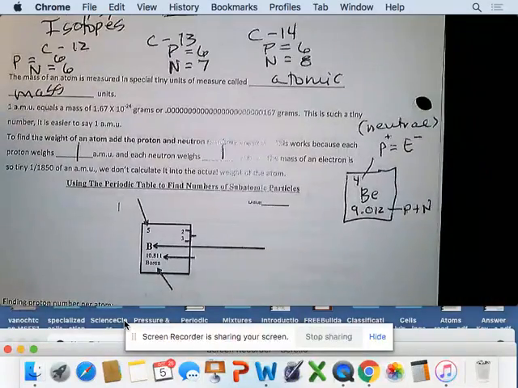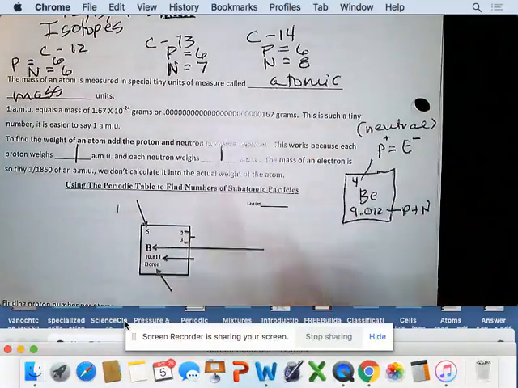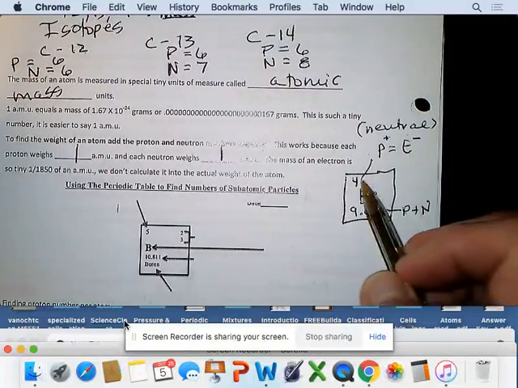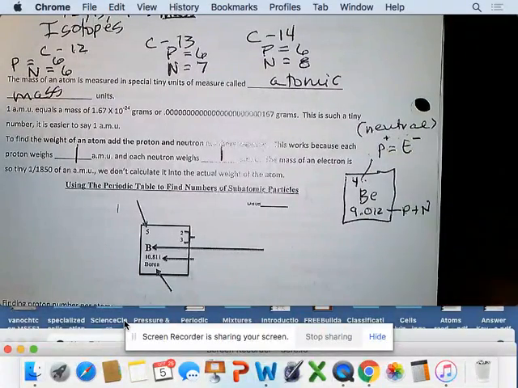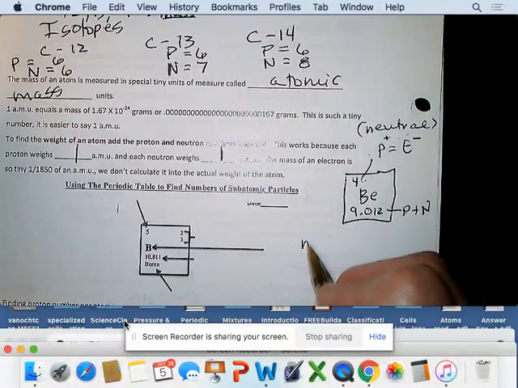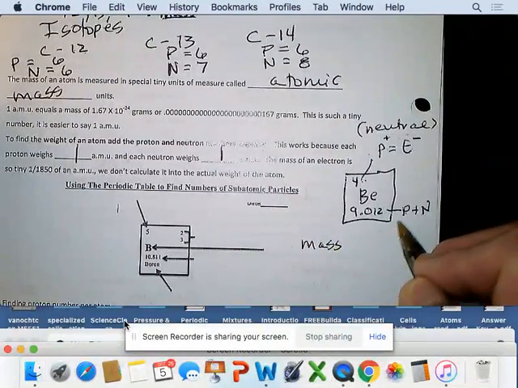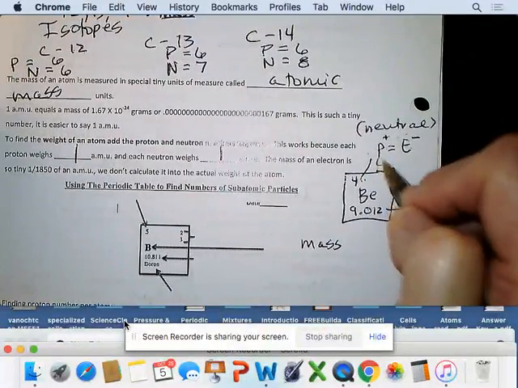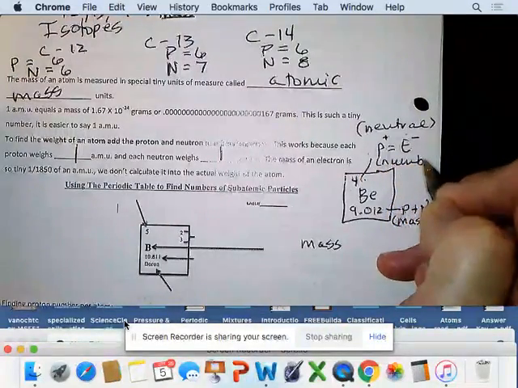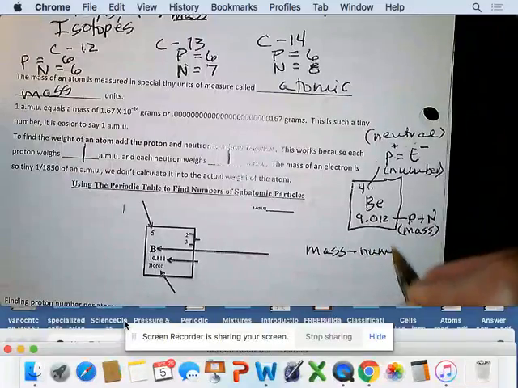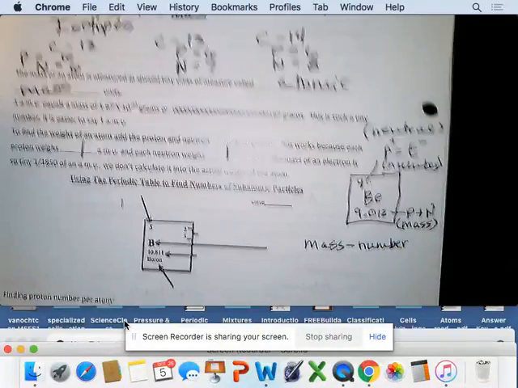So we know our protons and electrons are 4. To find our neutrons, we're going to take that bottom number, your atomic mass. This is our atomic mass, and this is our atomic number up here.